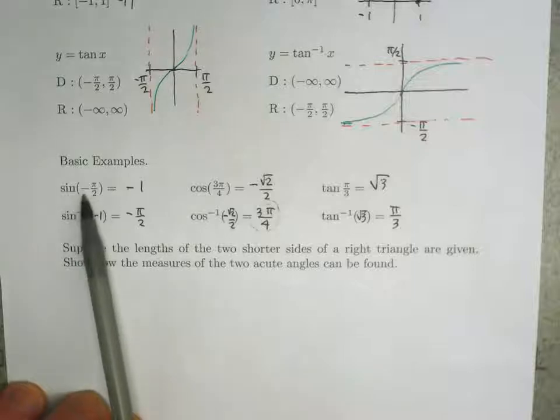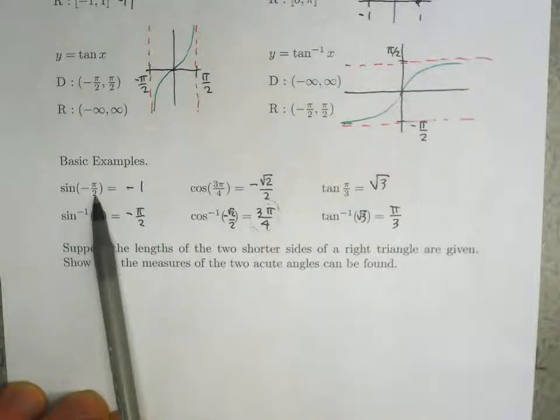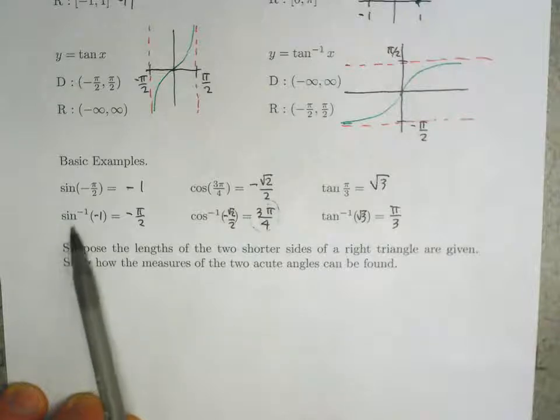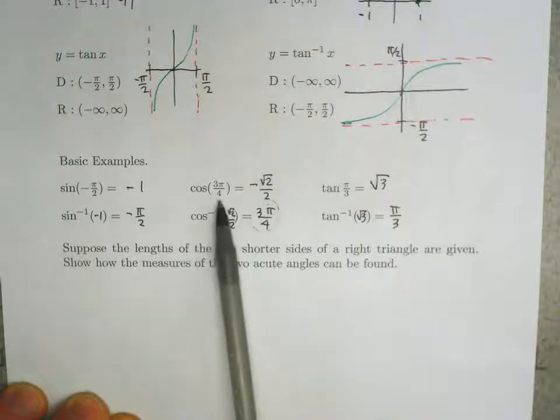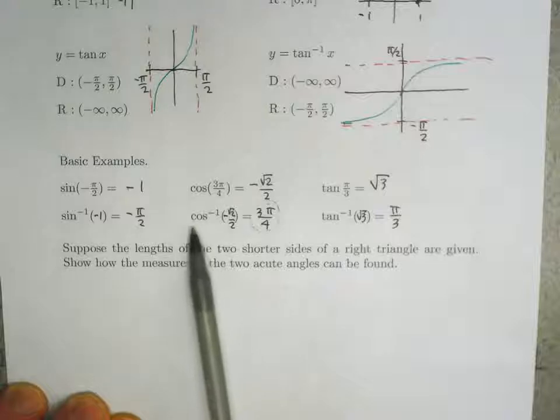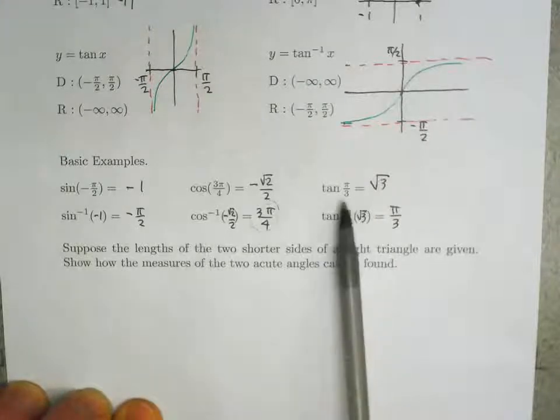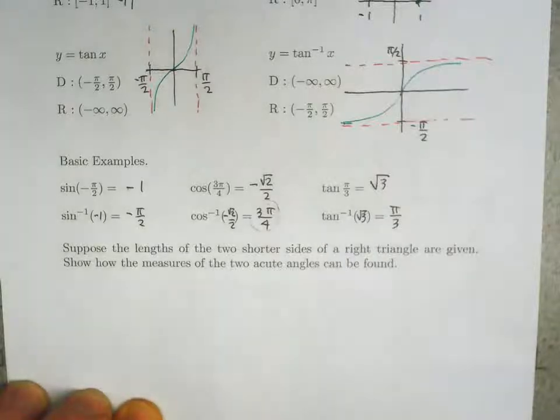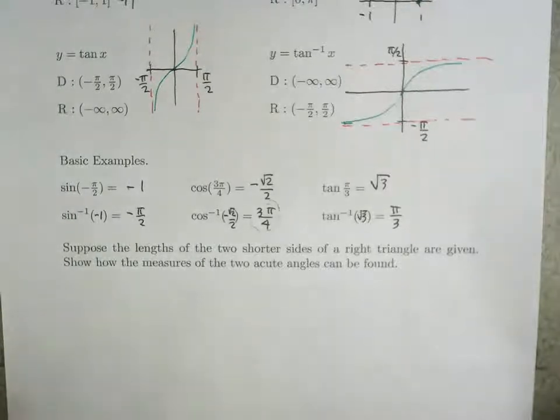So in this case, negative pi over 2 is in the range of inverse sine. In the next example, 3 pi over 4 is in the range of inverse cosine, and pi over 3 is in the range of inverse tangent. So a little bit later today, you'll see why I'm pointing that out.